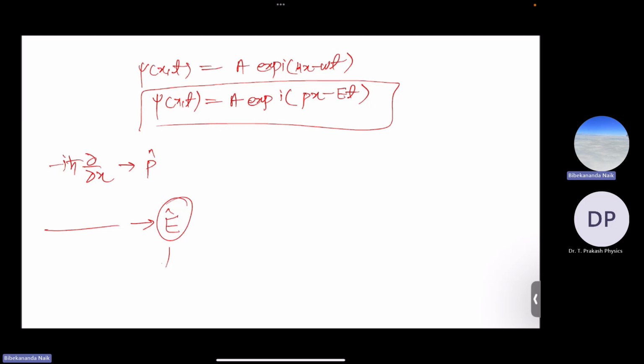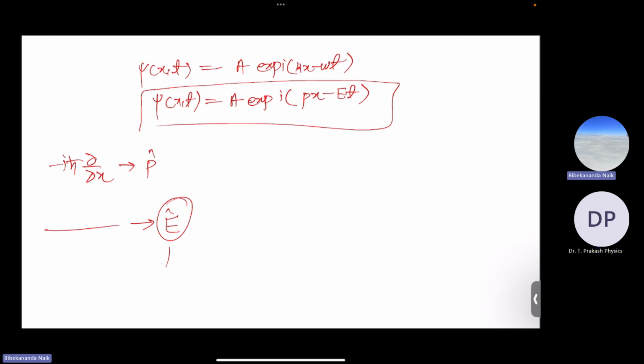How can you determine what the energy operator will be from this particular wave function? In the exponent of the exponential function, p is in the space part and energy is in the time part, is it not?